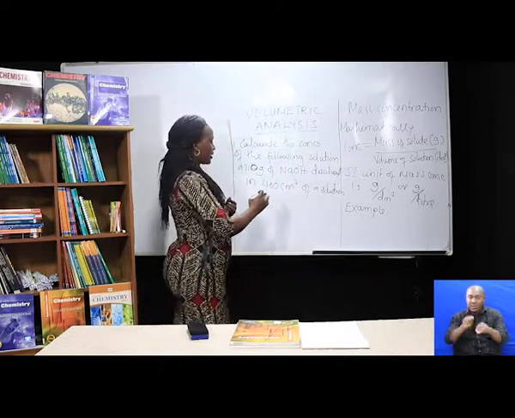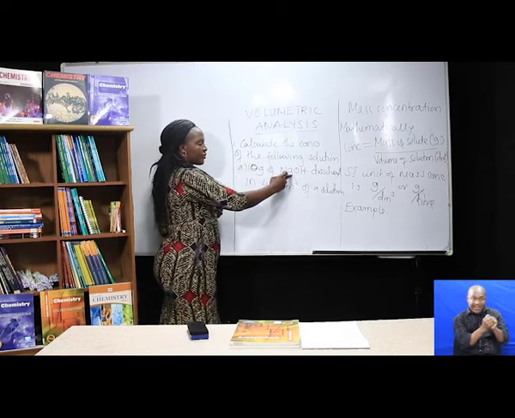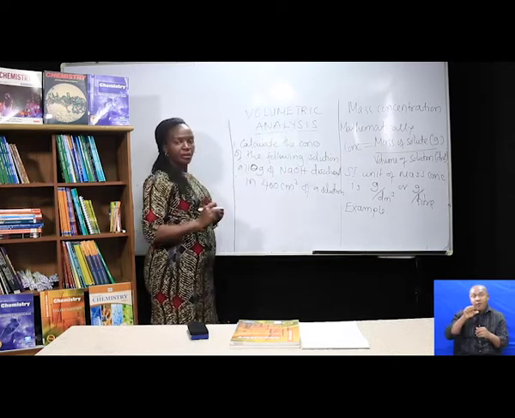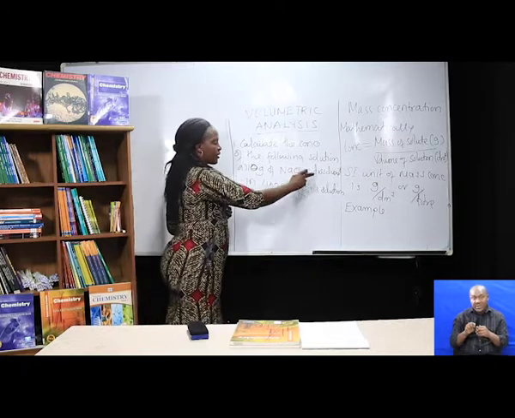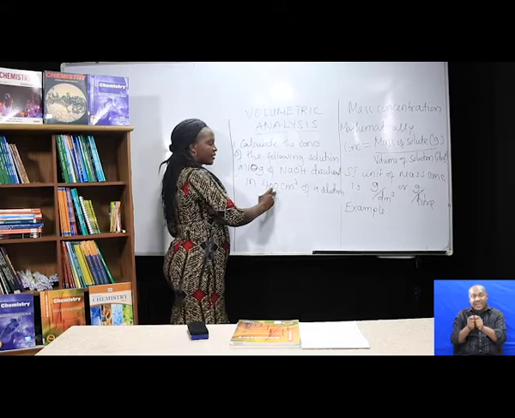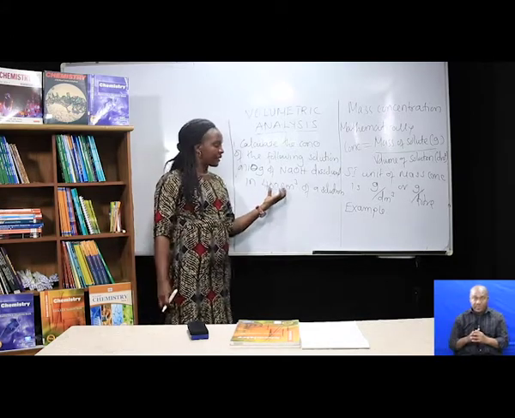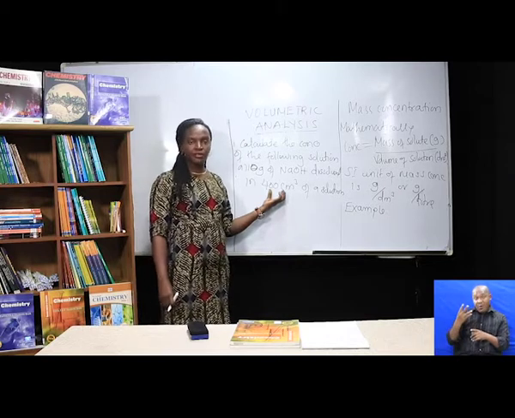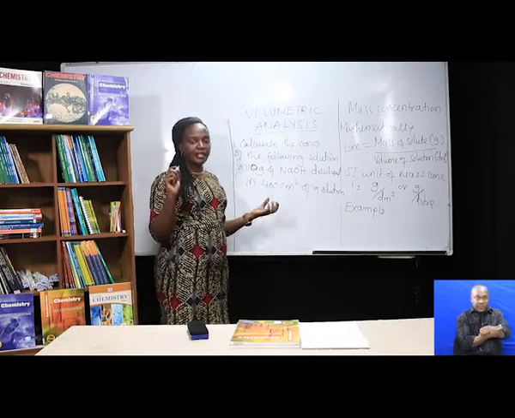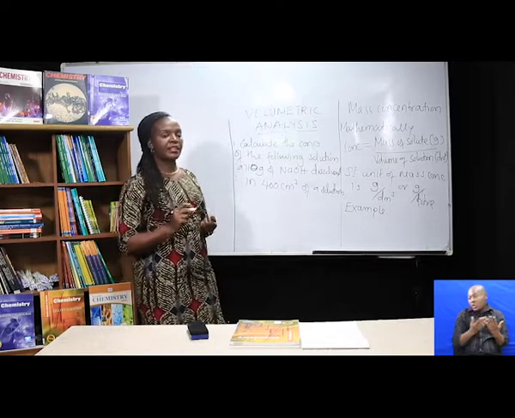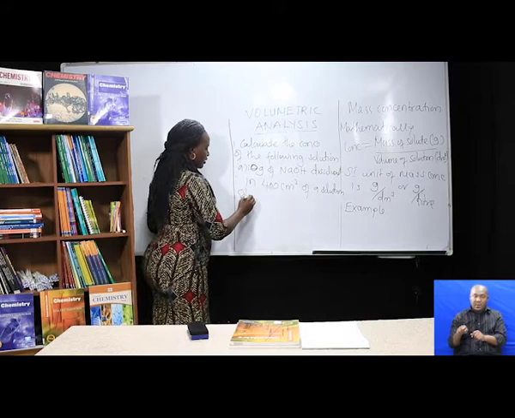It is given that there is 10 grams of sodium hydroxide, which acts as the solute, dissolved in 400 centimeter cubic of a solution. But this 400 centimeter cubic must be converted into decimeter cubic, because the SI unit is measured in gram per decimeter cubic.